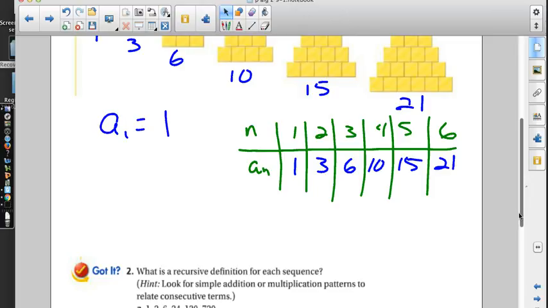And that big hint will be think adding. And that one's going to be a little hard to describe in terms of, what do you do with the first one to get the second? Not going to be powers.